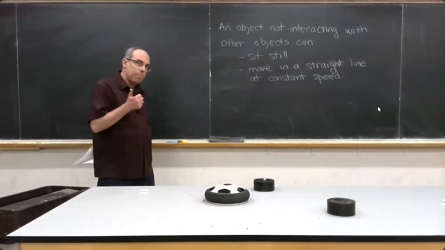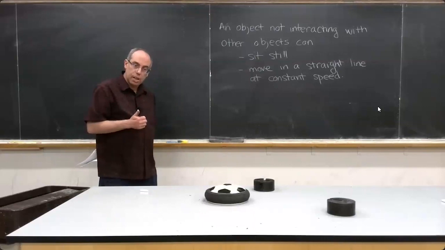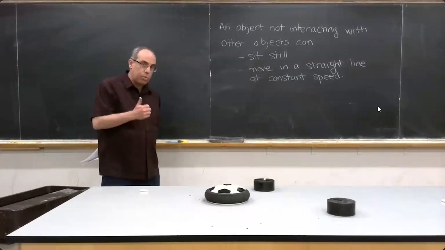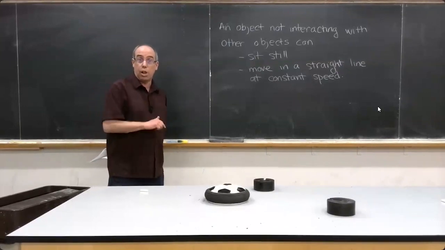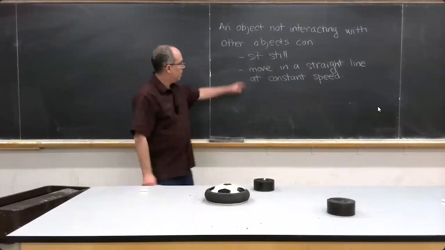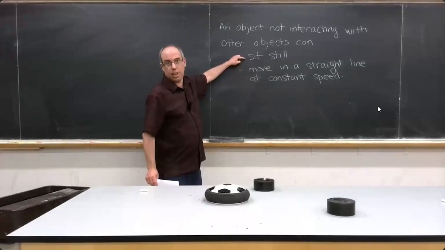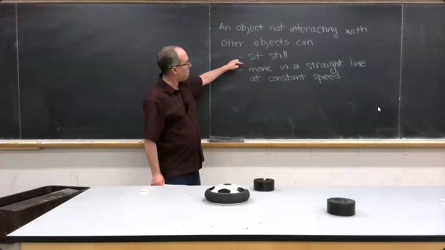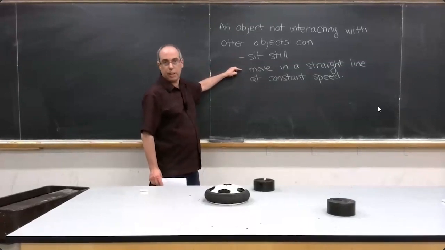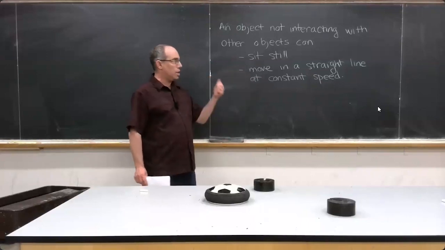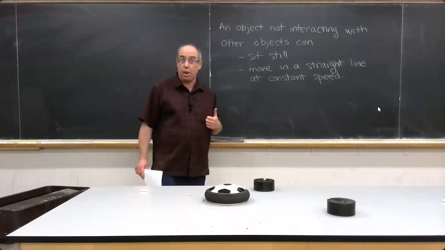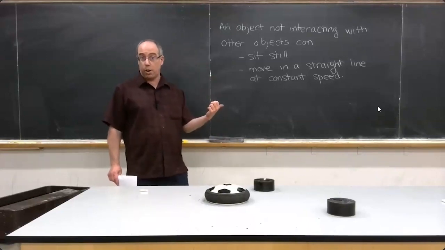Now, if you look at this, can an object which is not interacting with other objects get faster or slower? Well, if an object is sitting still, is it getting faster or slower? No. If an object is moving in a straight line at constant speed, is it getting faster or slower? No. So an object which is not interacting with other objects does not get faster or slower.